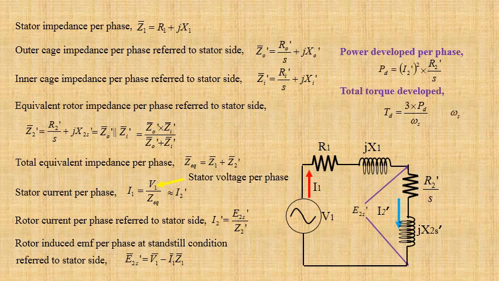Omega S equals 2 pi ns by 60, where ns is the speed of rotating magnetic field measured in revolutions per minute. When we neglect the stator impedance, the total equivalent impedance per phase ZDQ becomes approximately equal to Z2', which is the equivalent rotor impedance per phase referred to stator side.